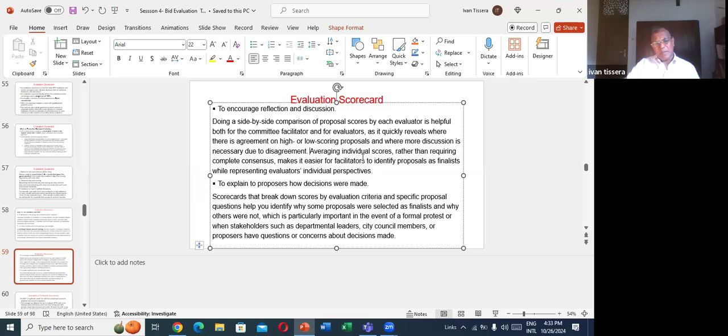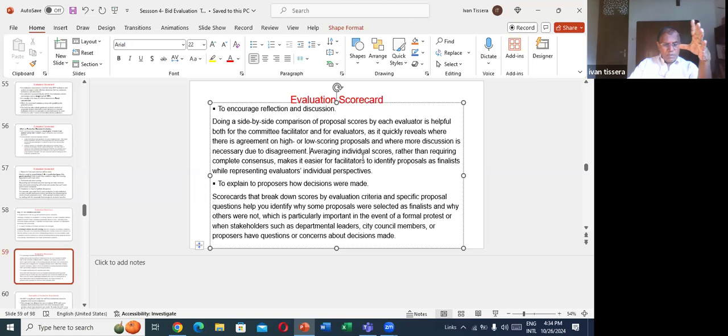Or ultimately we can average marks. Say evaluator X has given certain marks for a criterion or sub-criterion to proposal A, and evaluator Y has given different marks. So we can discuss. After discussion, some changes may be made by X or Y for proposals A or B. So ultimately what we do is we average the marks. A has given 8 out of 10, B has given 4 out of 10.